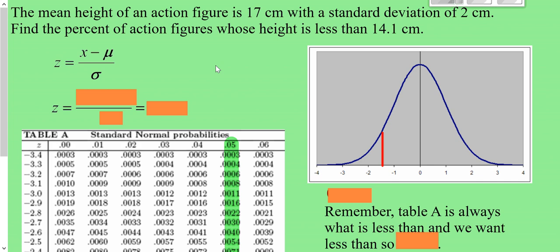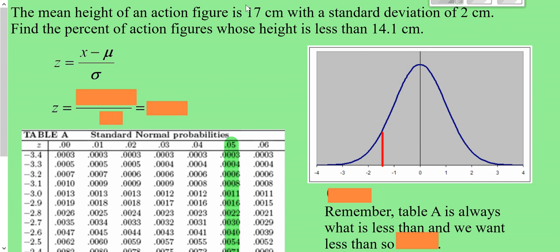So consider we have this. 17 is your mean. We have a standard deviation of 2. And we want to know the probability that the height is less than 14.1.